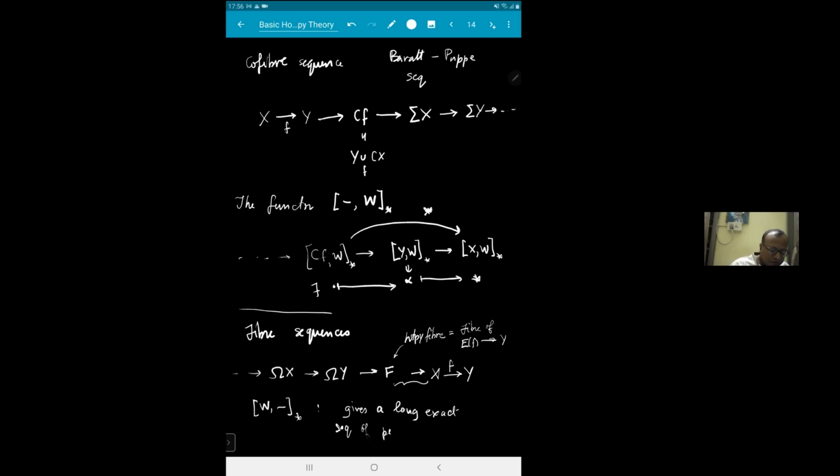So these two sequences are very useful computationally, but I don't have time to say much more about that. So I think I will stop there.